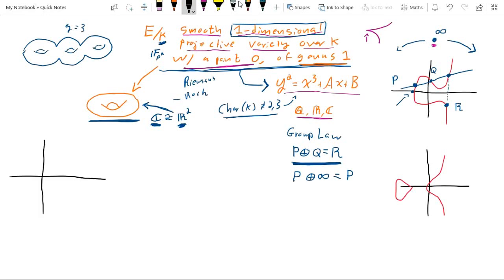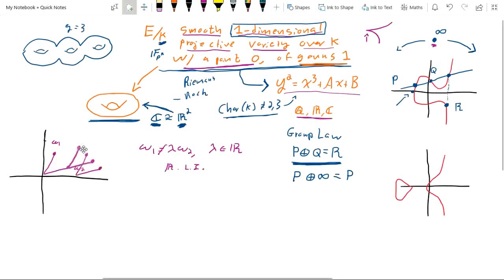I realize that might be a little bit confusing, and hopefully this next section will give another layer of believability to this fact. So let's consider ourselves to be working in the complex plane. I want you to pick any two complex numbers, we'll call them omega 1 and omega 2, where omega 1 is not a real scalar multiple of omega 2, which is to say that these two complex numbers are real linearly independent. Suppose that I were to translate this pair of vectors over by integers in every direction.